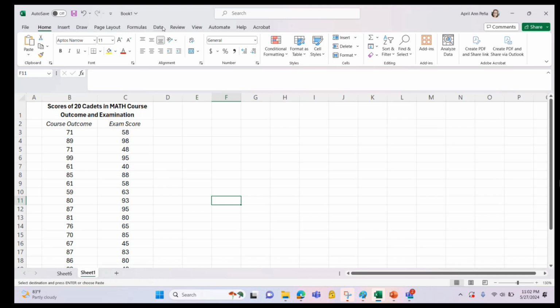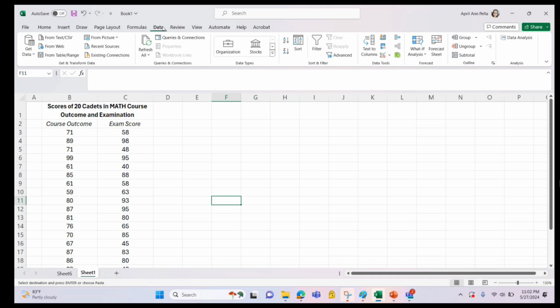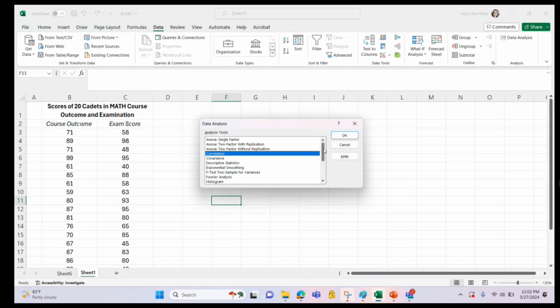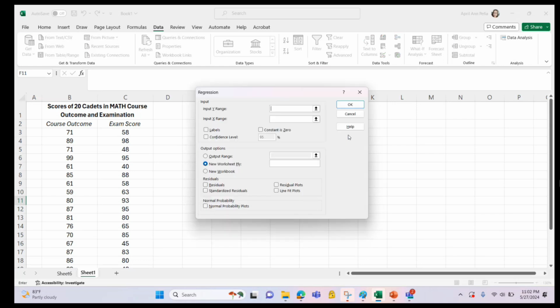Okay, now for regression, go back again to the data, that is in between the formulas and the review. You select the data analysis. Then this time, we're going to do regression. So you just look for the regression. It is here before sampling. So regression, click OK. And then this is what I was telling a while ago. You need to be careful, because you need to determine which is the independent variable and which is the dependent variable.